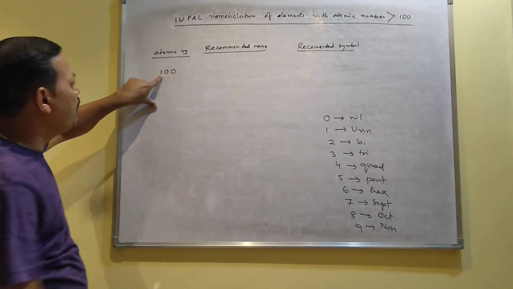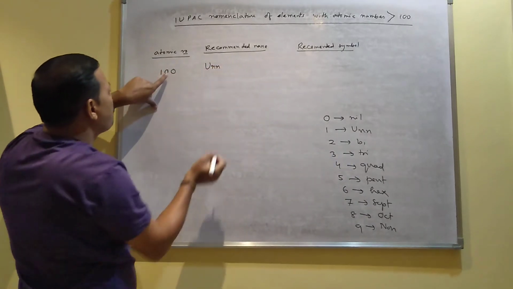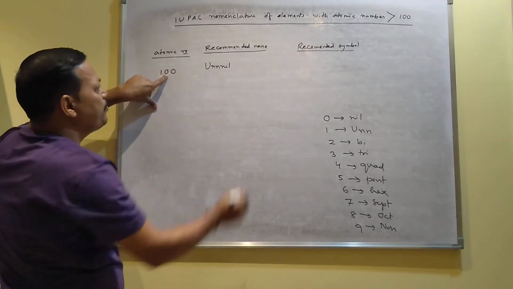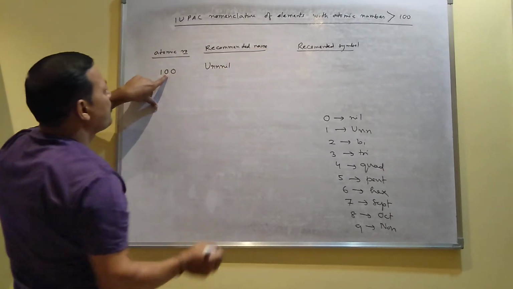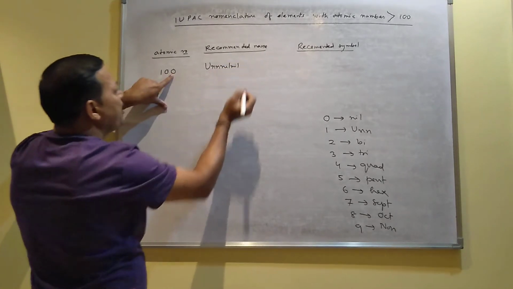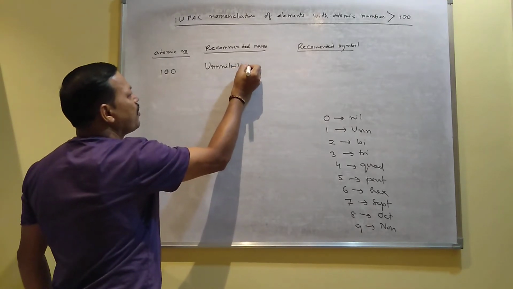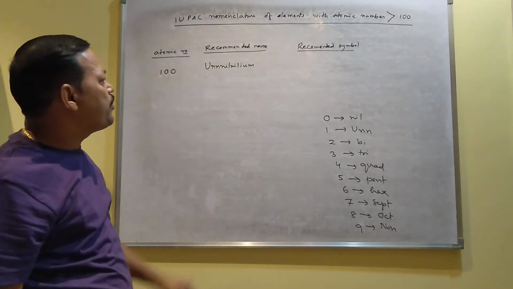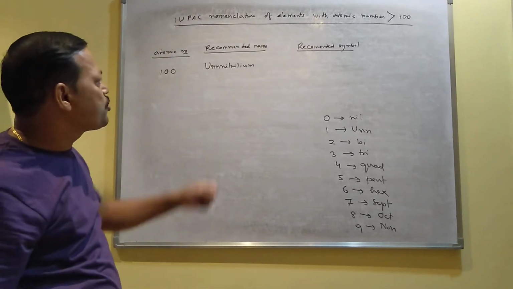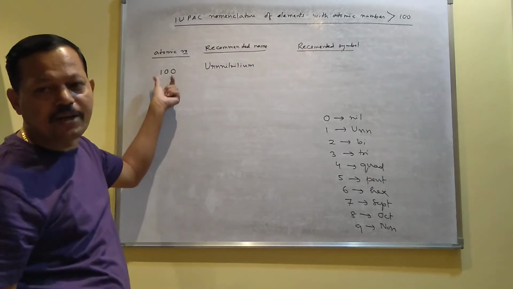First number is 1. For 1 what you have to use? Un. For 0 you have to use nil. Like this you can write the name. Un, nil, again 0, again you have to use nil. Then you have to apply one suffix, ium, I-U-M. I mean the recommended name of the element will be unnilnilium. Like this way you can find out the name from the atomic number.